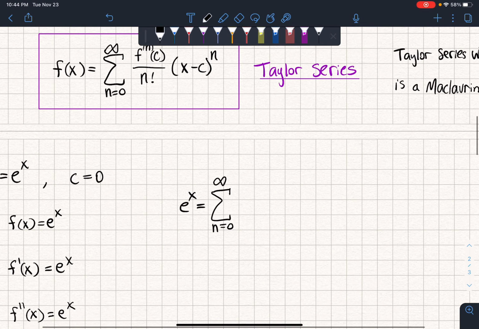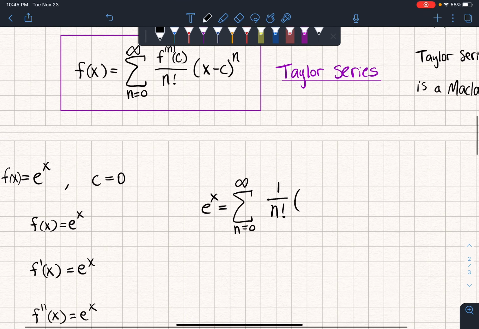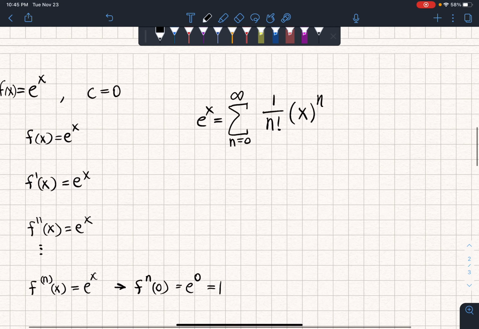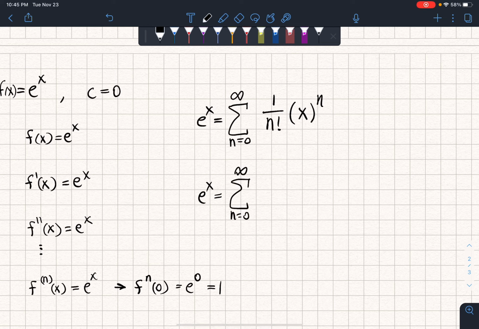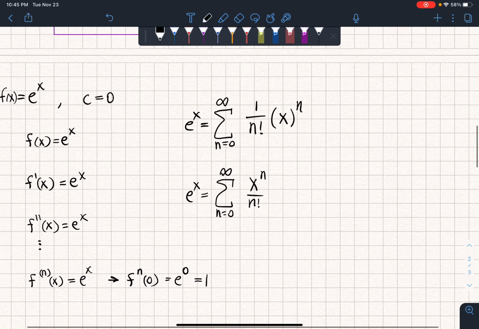So 1 over n factorial times x minus c, and our c is 0, so this is just x to the n. Putting that in a slightly more compact form, we have e to the x equals the sum from n equals 0 to infinity of x to the n over n factorial. And that is the series expansion for e to the x.